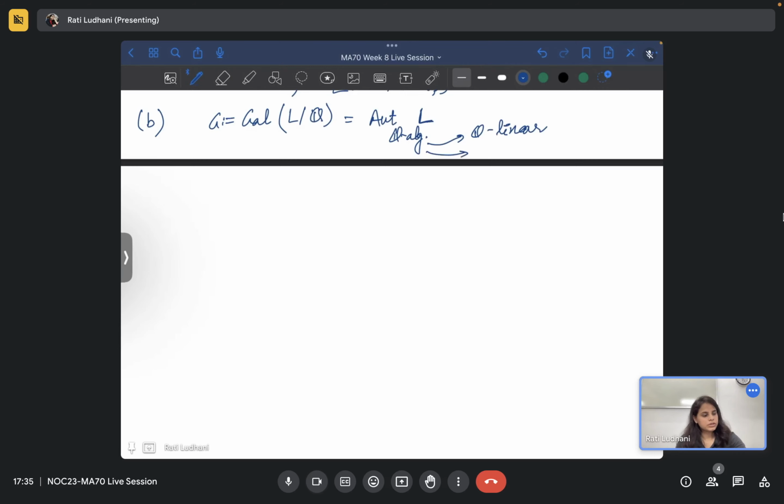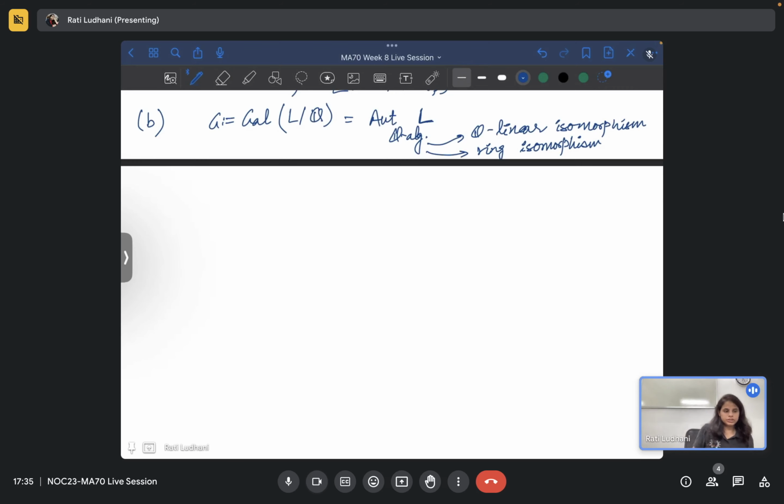And second, this is a ring isomorphism because this is an automorphism, and L has ring structure also.